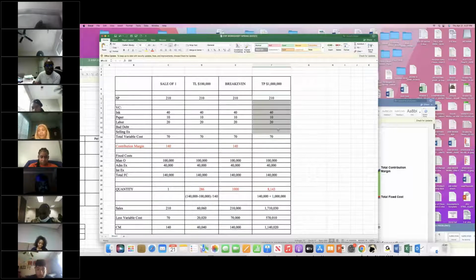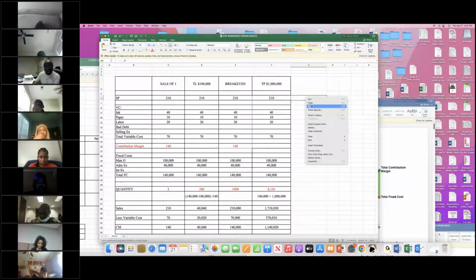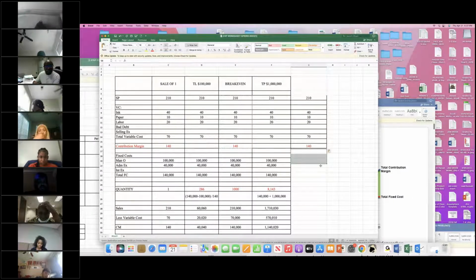I think it was 50,000, the accountant. Yeah, it was 50,000. So none of this changes, but now you have a new fixed cost. So you have these two items, a fixed cost and another cost of 50,000.